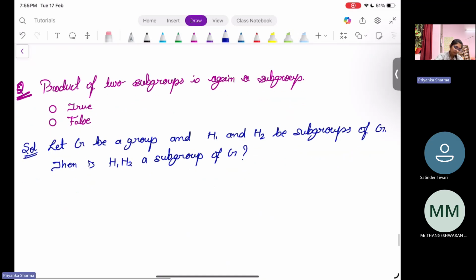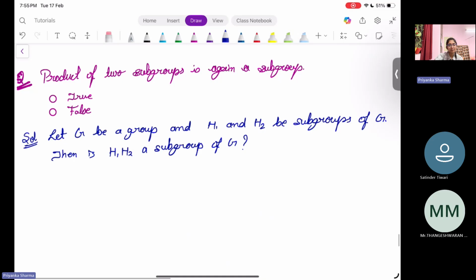Are you familiar with the dihedral group? The dihedral group of degree n, or order 2n. A dihedral group is related to polygons.